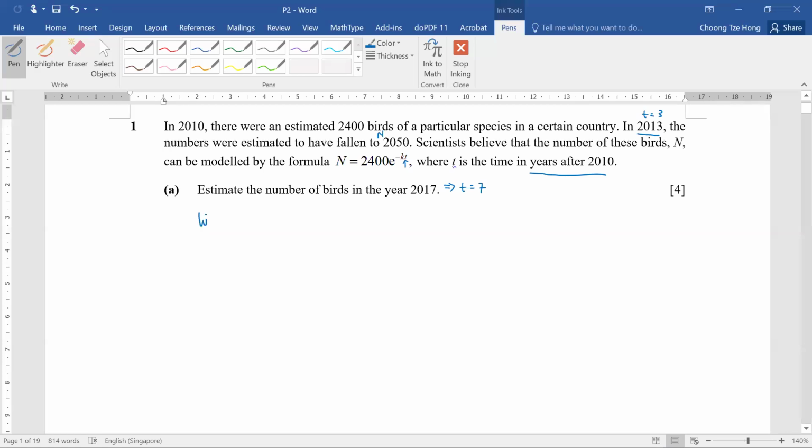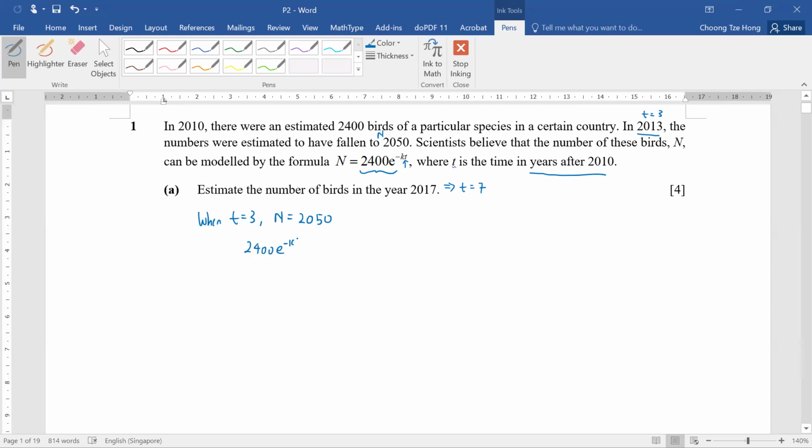So when t equals 3, in 2013, n will be equal to 2050. So we can formulate the equation. n is given by this equation over here, 2400 e to the power of negative kt.